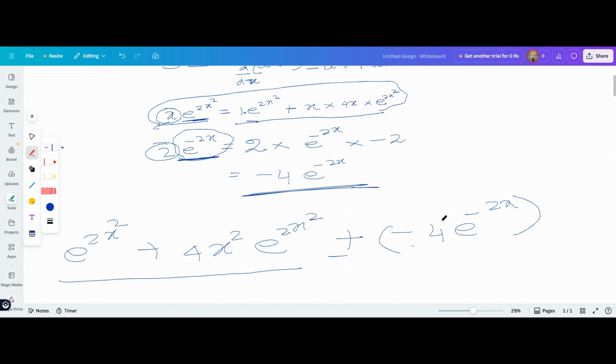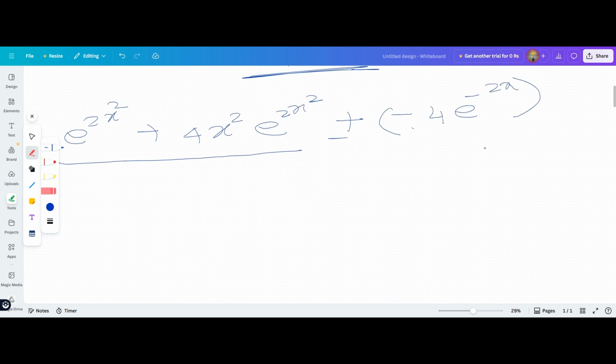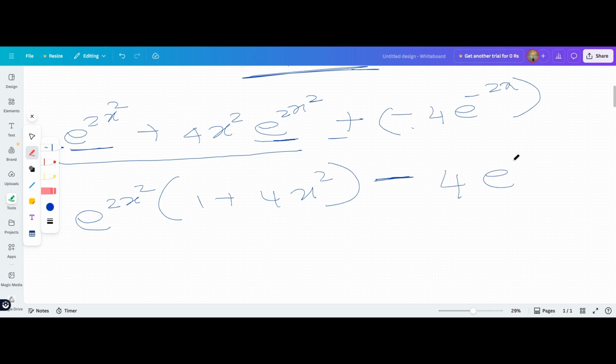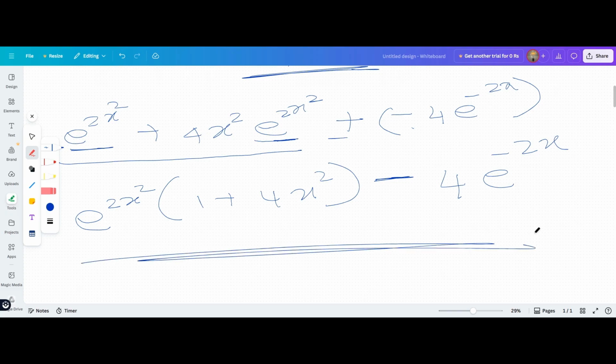Plus into minus will become minus. Also, e to the power 2x squared is common, so take it out: e to the power 2x squared into 1 plus 4x squared, minus 4 e to the power minus 2x. This is the final answer.